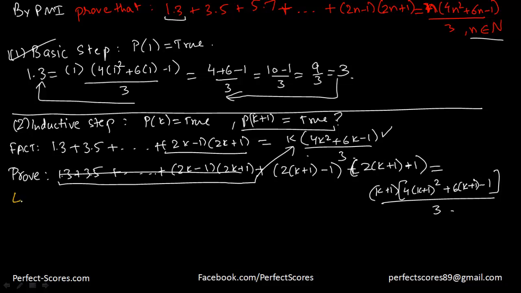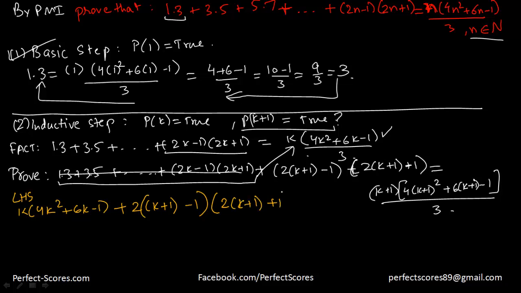So the left hand side is going to be equal to k into 4k square plus 6k minus 1, plus this thing here, which is 2 into k plus 1 minus 1, again multiplied by 2 into k plus 1 plus 1.